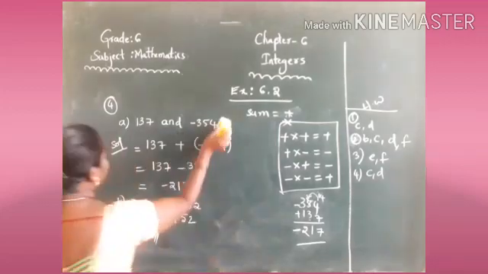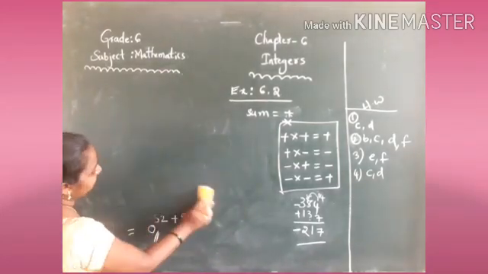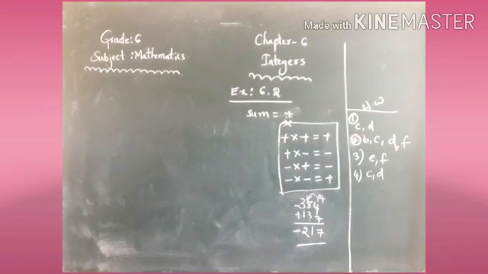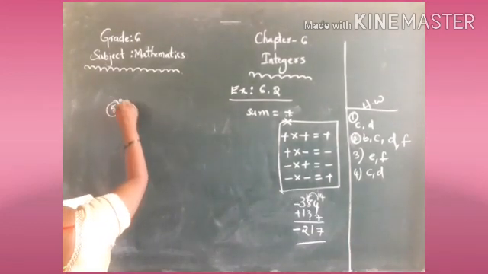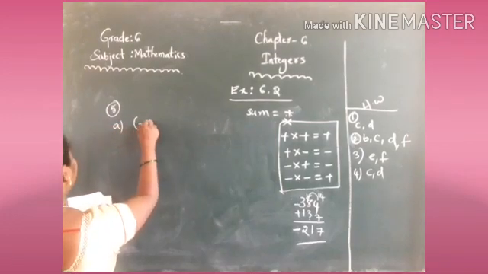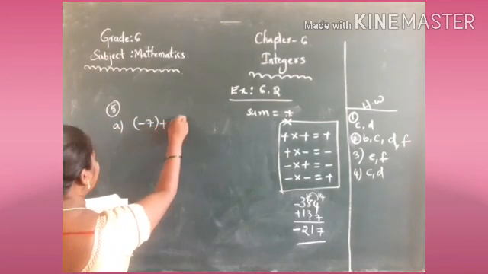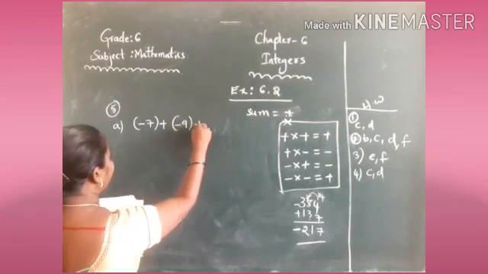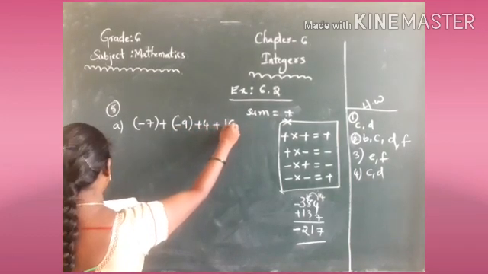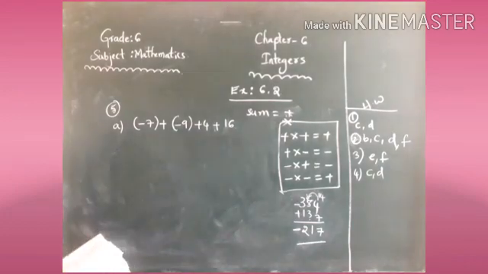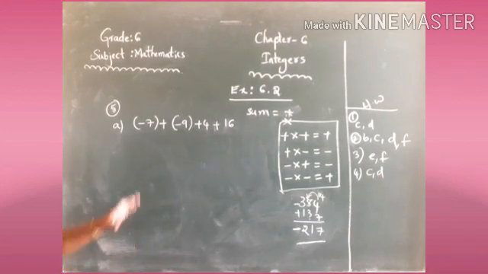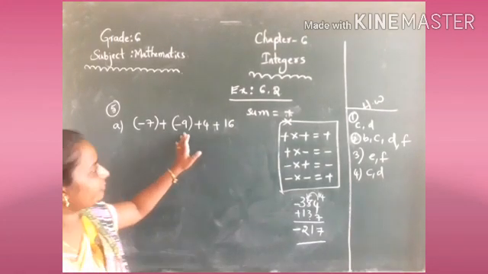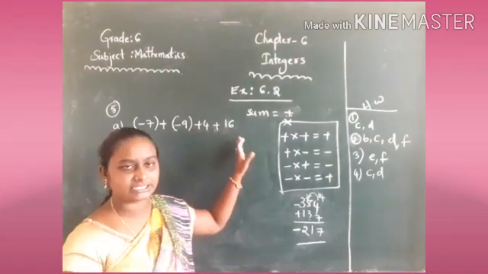And next question, note down in your classwork. So fifth one, find the sum. Find the sum of minus 7 plus of minus 9 plus 4 plus 16. Right. Okay, find the sum of minus 7 plus of minus 9 plus 4 plus 16.